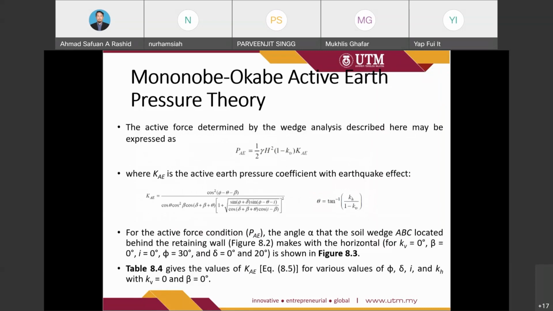So the active force determined by the wedge analysis described here may be expressed as follows. Previously we didn't have this one. To differentiate between the static and the earthquake case, the Mononobe-Okabe approach has included the E. So here we determine the earthquake condition, where we include the PAE and also the KAE.